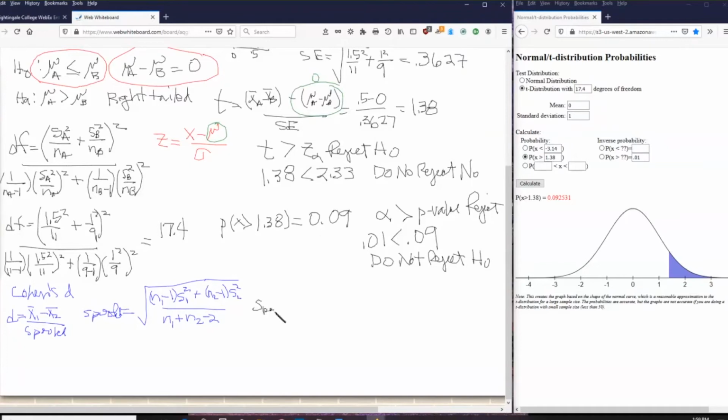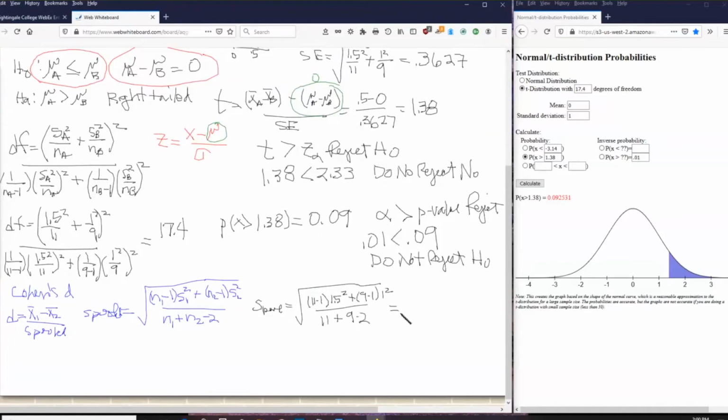Which is going to be the square root of the first one. College A had a sample size of 11, so it's going to be 11 minus 1 times the standard deviation of 1.5 squared, plus the second college, which is going to be 9 minus 1 times 1 squared, and that's going to be over the sample sizes 11 plus 9 minus 2.